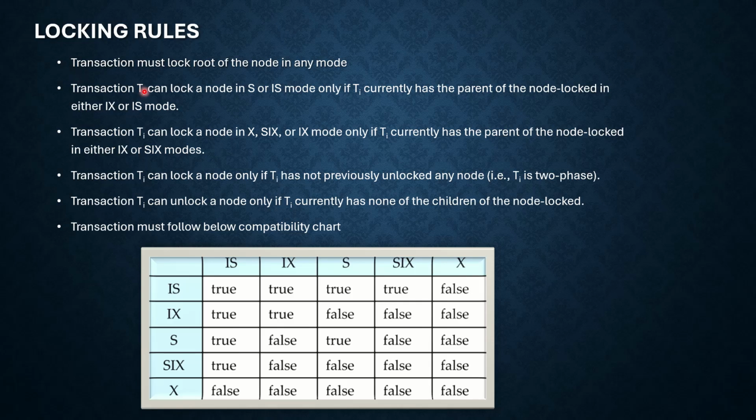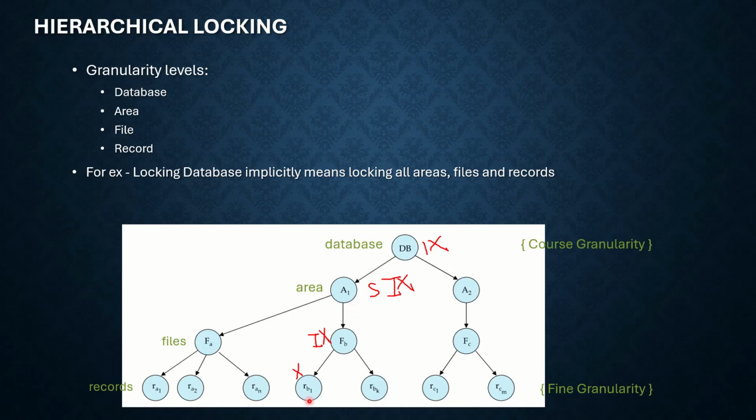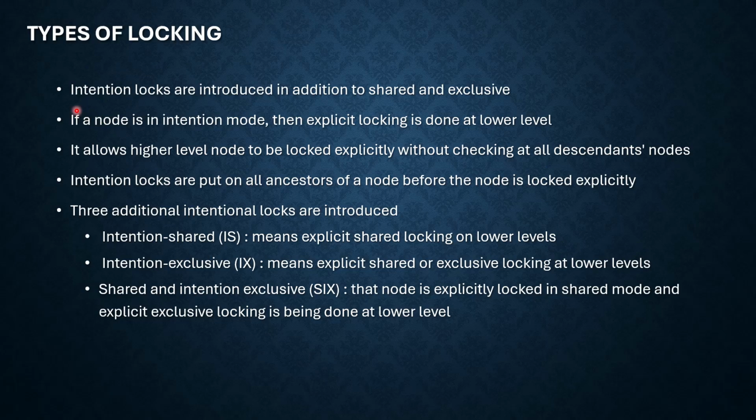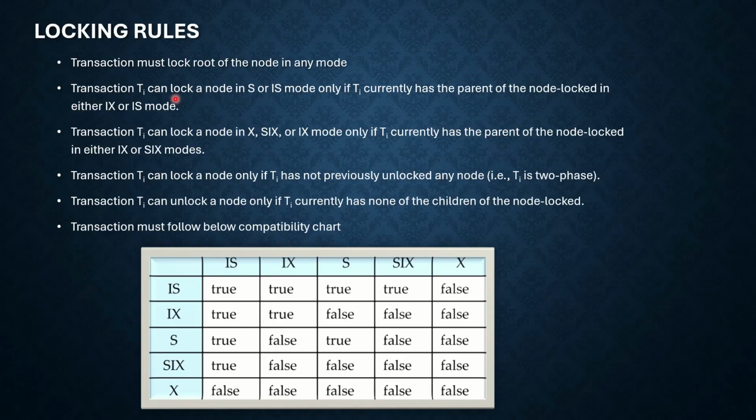Transaction must lock the root node first, in any mode. While locking any node, we need to first lock the root node in either intention shared or intention exclusive, and we need to traverse from the root to that node. Transaction Ti can lock a node in S or IS mode only if Ti currently has the parent of the node locked in either IX or IS mode.